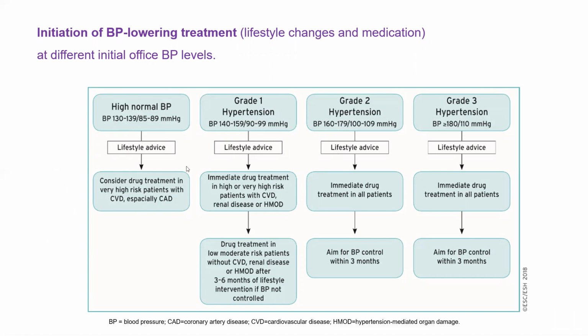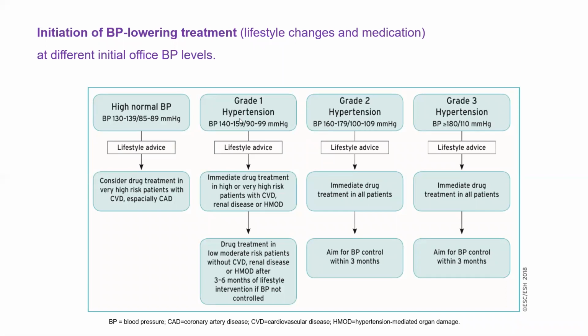Second, we take into account the presence or absence of hypertension-mediated organ damage, and also the presence or absence of cardiovascular disease. The management of every group of patients starts with counseling, lifestyle advice, and then we prescribe medications.